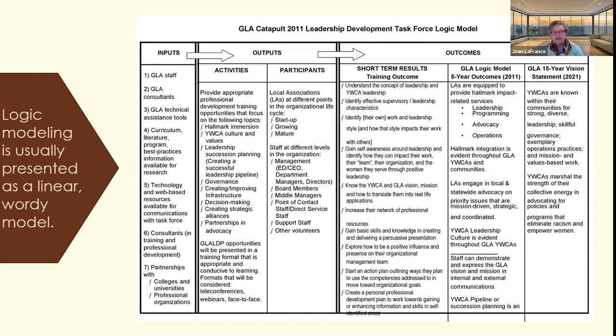But it does say, yes, we look at inputs, we get some outputs that are related to our activities, and we get outcomes, some that are very immediate and some that are longer term. That's our basic logic model.